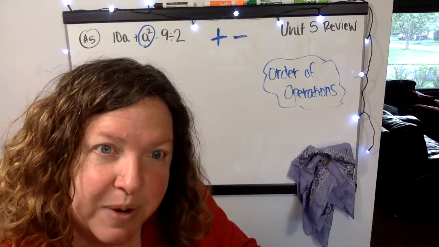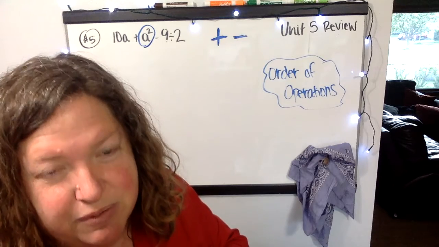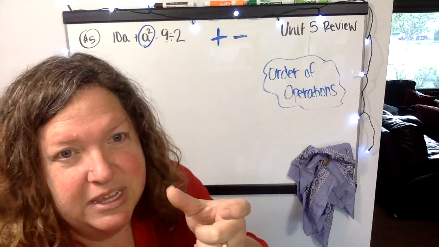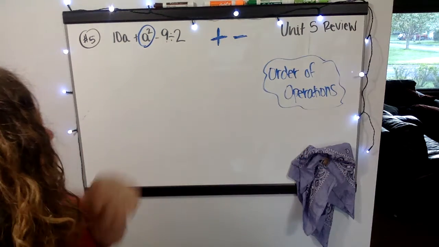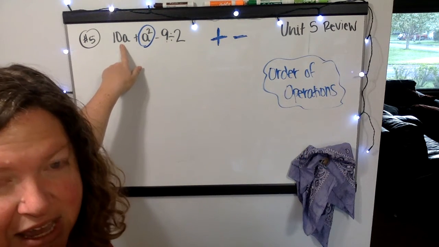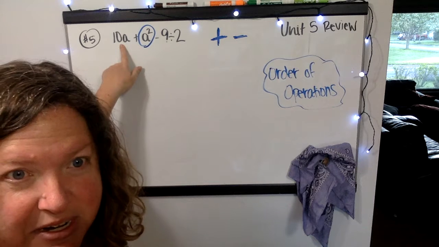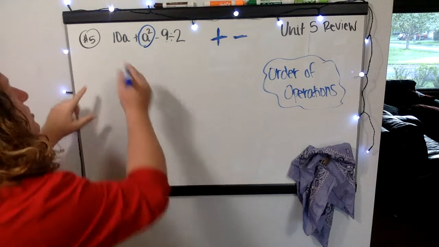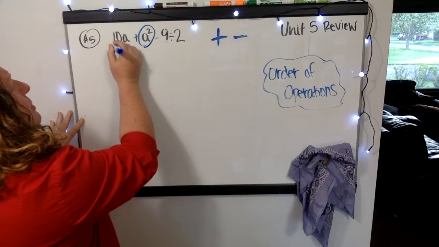Okay, what about multiplication and division from left to right? Remember, we read left to right, we solve multiplication problems from left to right, and division, and it doesn't matter which one it is, multiplication or division, we go from left to right. Well, 10a. Remember, if a number and a letter are stuck right next to each other, there's an invisible multiplication sign in there. So that's being multiplied.